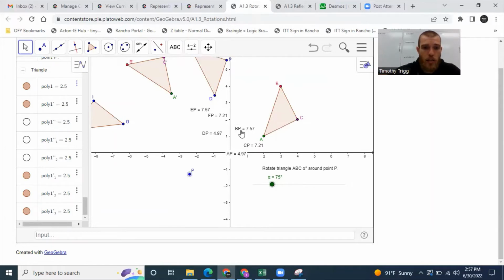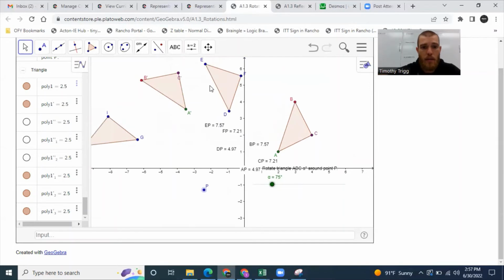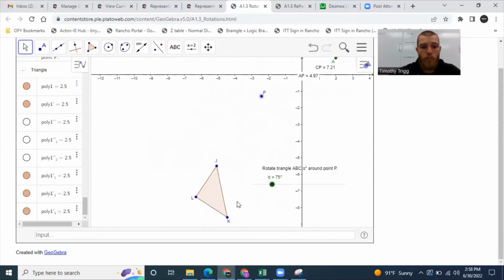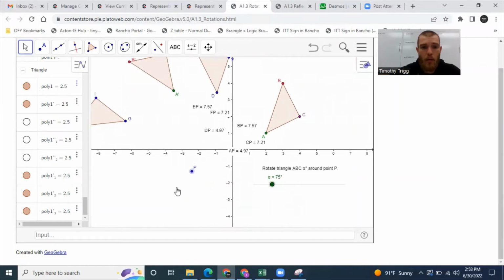And again, you could see the distance from B to P is the same as the distance from E to P, which will be the same as the distance from H to P or from K to P. And similarly with C to P.